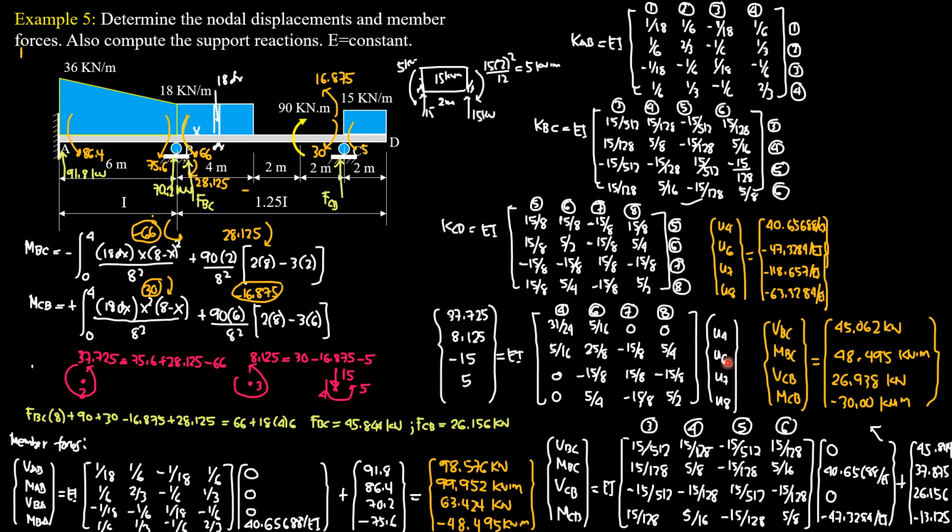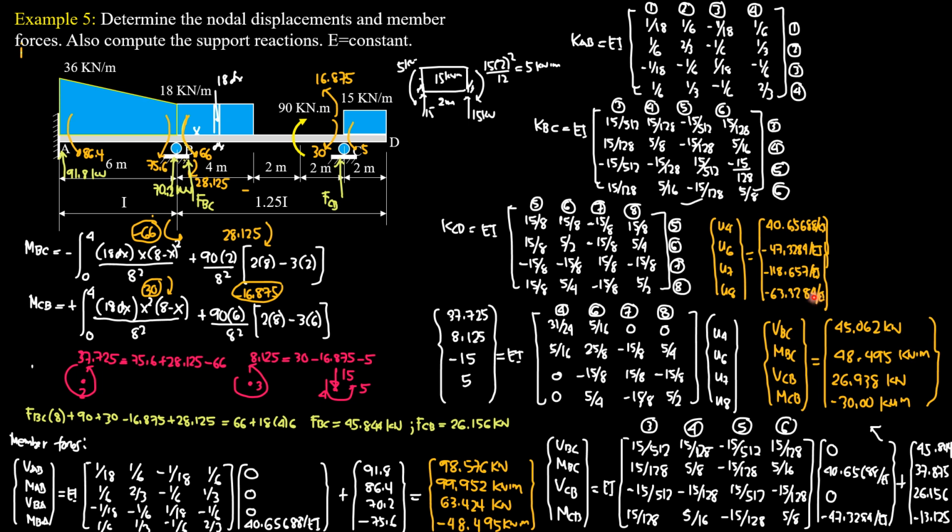And U4, U6, U7, U8 correspond respectively to theta B, delta C, theta C, and theta D. So these are the answers. 40.65688 over EI for theta B or U4. U6, negative 47.3284 over EI. U7, negative 118.657 over EI. U8, negative 63.3284 over EI.